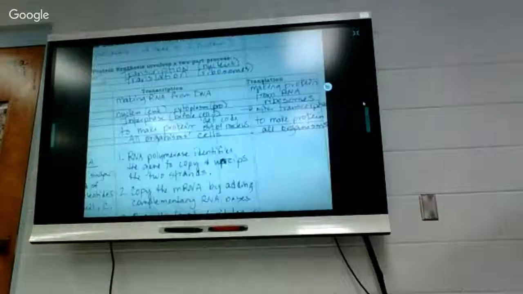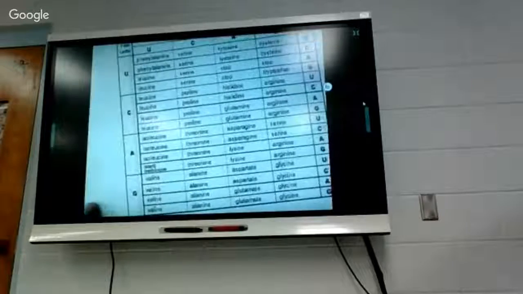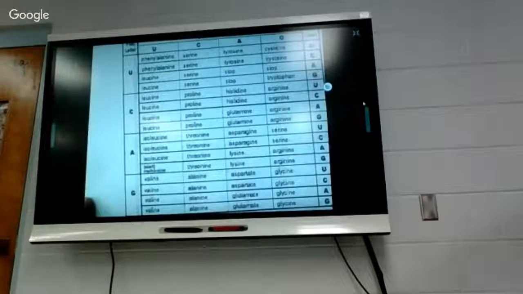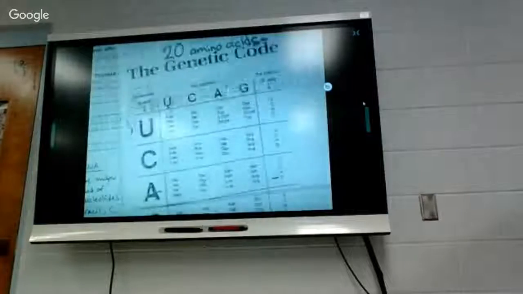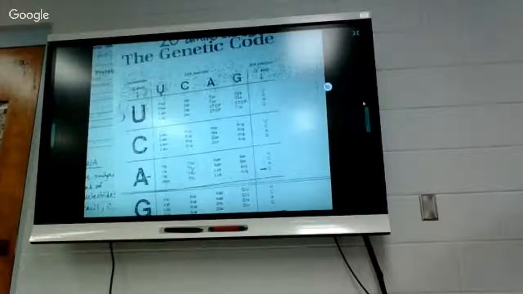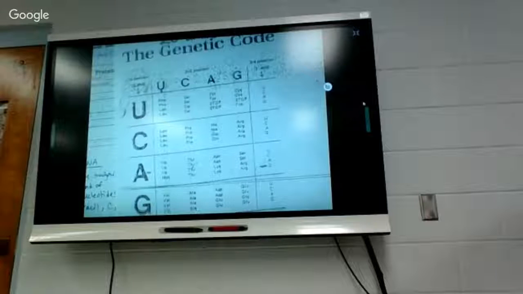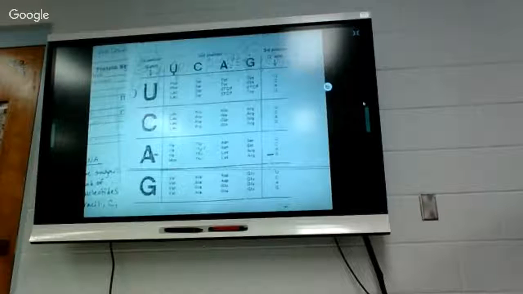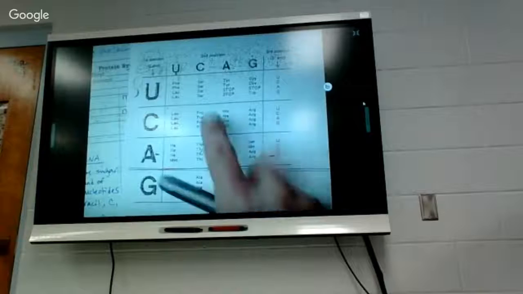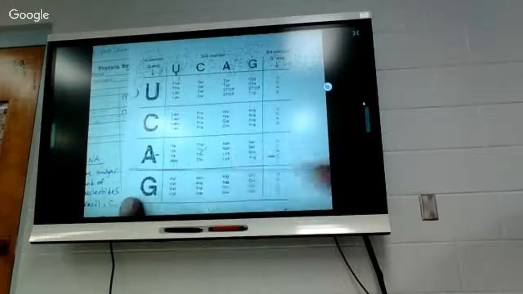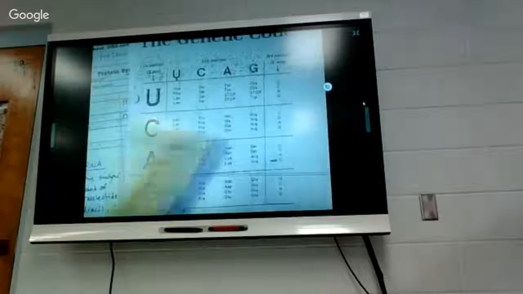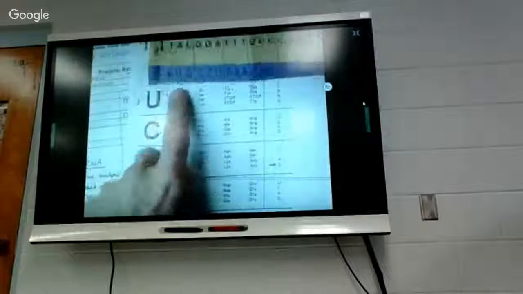For all of us ADD people, this looks like it runs together, so it's harder for me to read. This is the same one I learned in 10th grade. I kept it because it was easiest for me to read, so I'm going to start you on this. If you don't like this, you can flip to the other side. It's the same thing. So let's figure out how we translate this stuff right here.